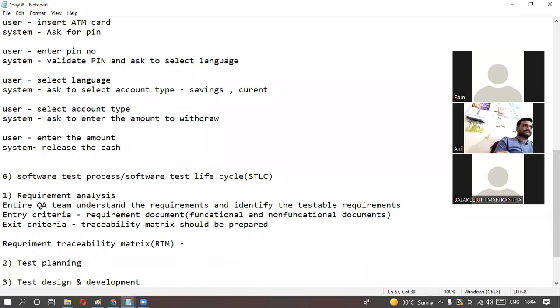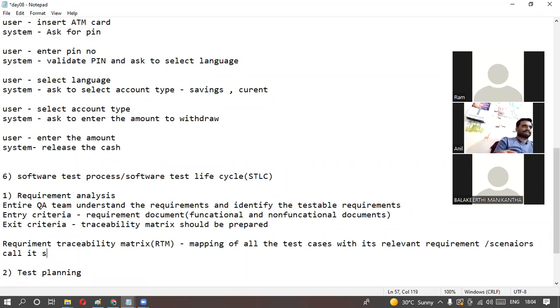This is nothing but mapping of all the test cases with its relevant requirement or scenarios. Call it as RTM, requirement traceability matrix. I will give you one example.